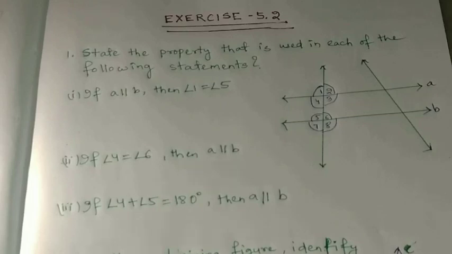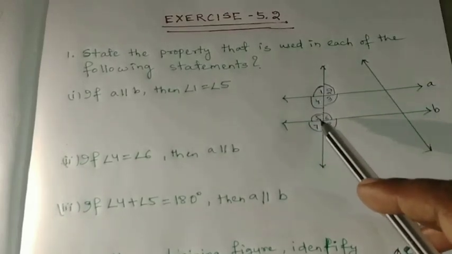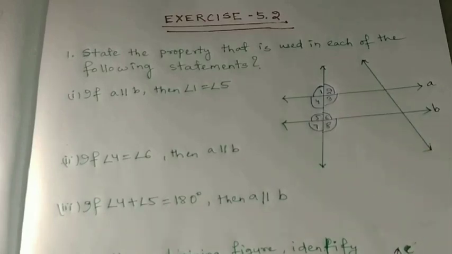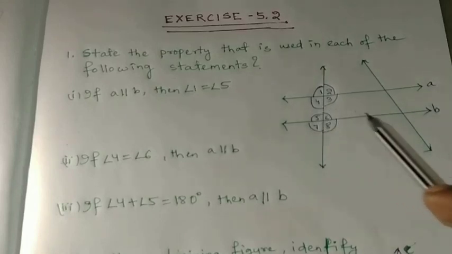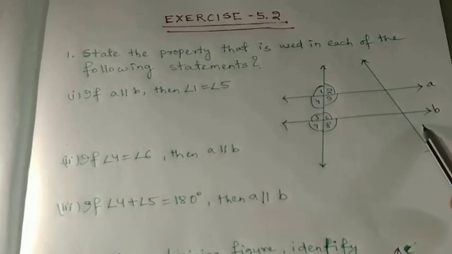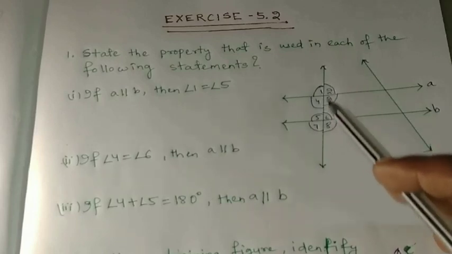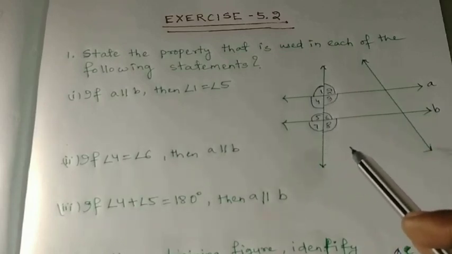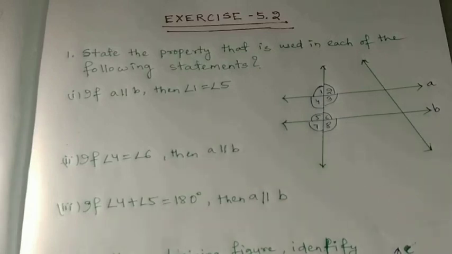Number one, if A is parallel to B, then angle 1 equals angle 5. Angle 1 and angle 5 are corresponding angles. If these two lines are parallel, then the corresponding angles formed by this transversal line are equal. So what will you write? Here the property is the corresponding angle property.